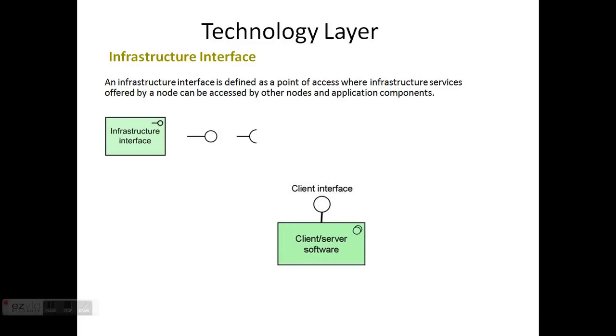An infrastructure interface exposes an infrastructure service to the environment, and the same service may be exposed through different interfaces. Different interfaces, when we say, probably interfaces for different devices or different clients.